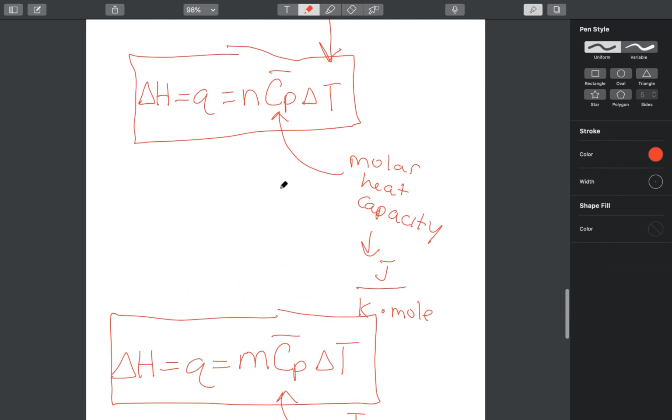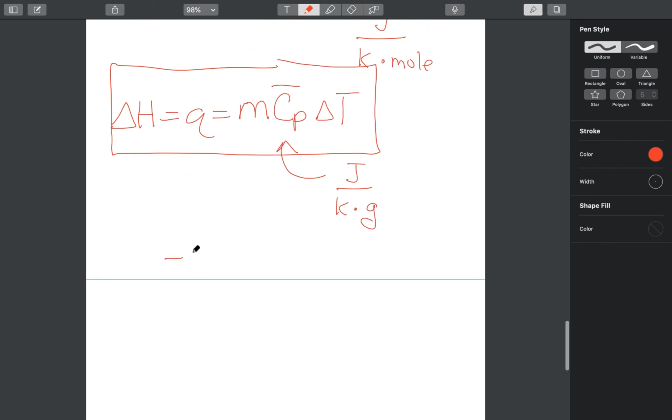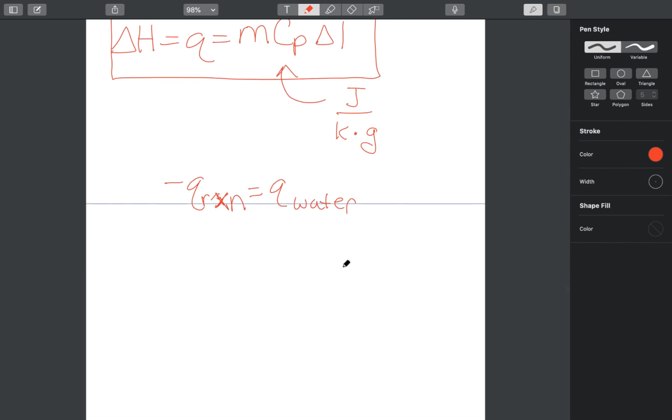And now remember that negative Q of the reaction is equal to Q of the water. And since negative Q of the reaction is under constant pressure, we can say that negative delta H of the reaction is equal to negative Q of the reaction, which is equal to Q of the water.